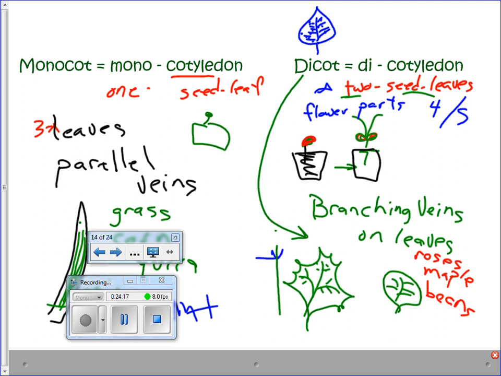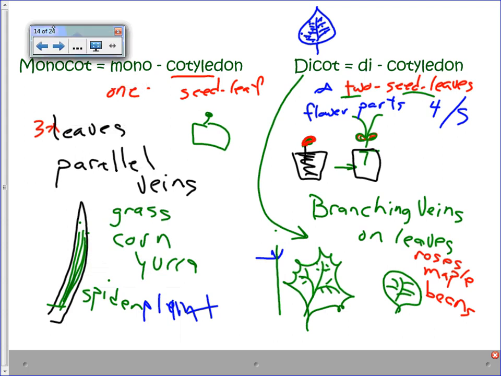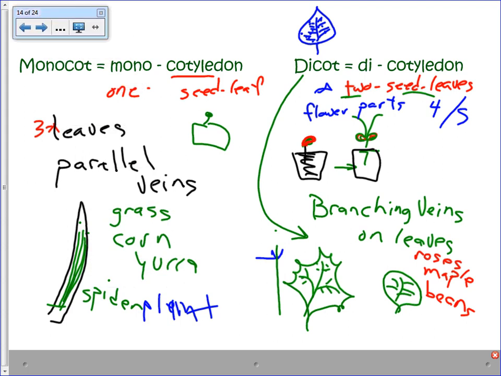Monocots, things like grass and corn, the spider plant, yucca, tulips, daffodils, those all have these long, thin leaves that have parallel veins. And you guys can all imagine, you know what those look like, right? Long parallel things. And it's just a way that scientists break these into different groups.